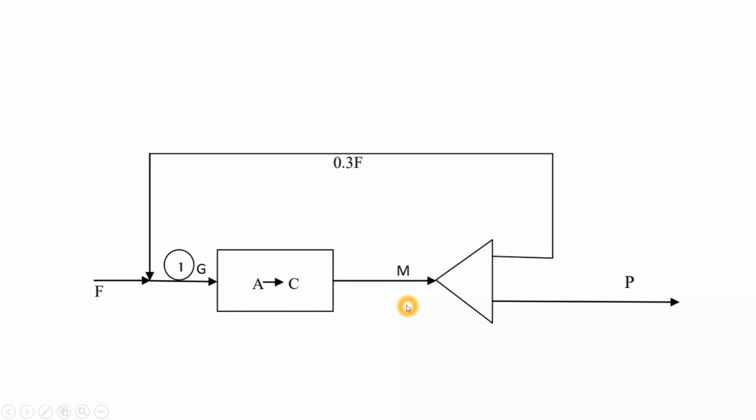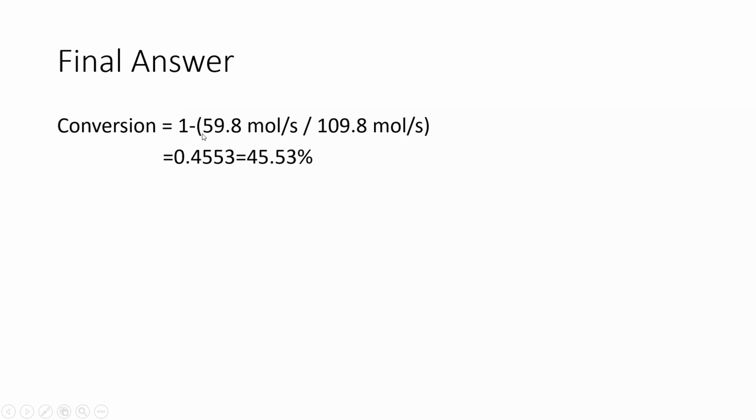So ultimately I can say 1 minus moles of A leaving divided by moles of A entering. So conversion is 1 minus 59.8 mole per second divided by 109.8 mole per second, that is 45.53%. This will be the final answer.